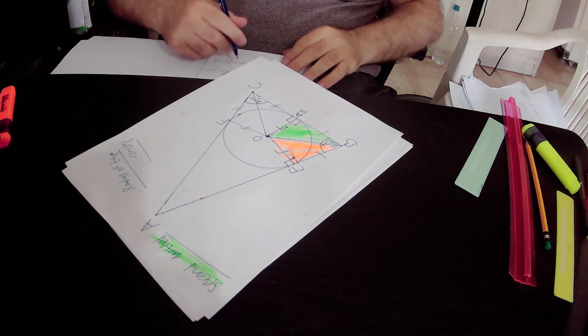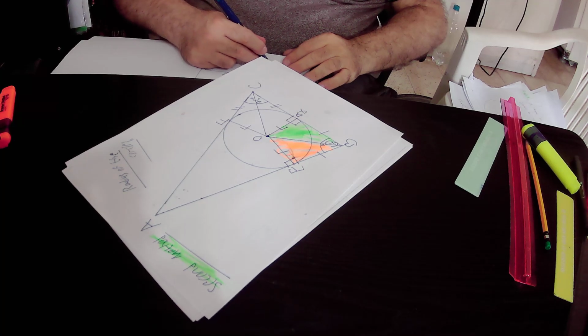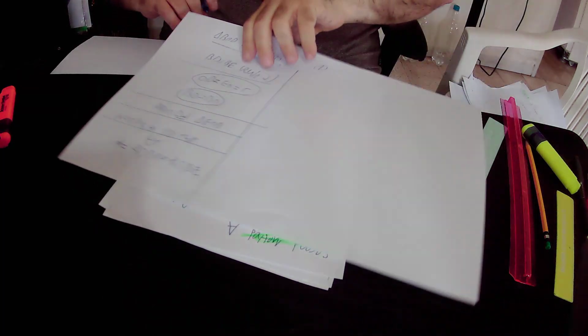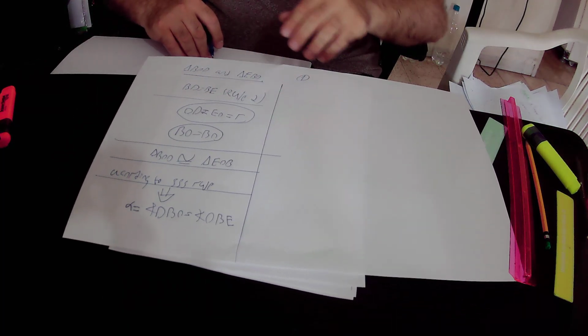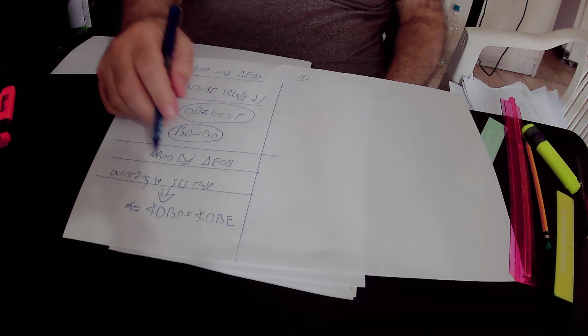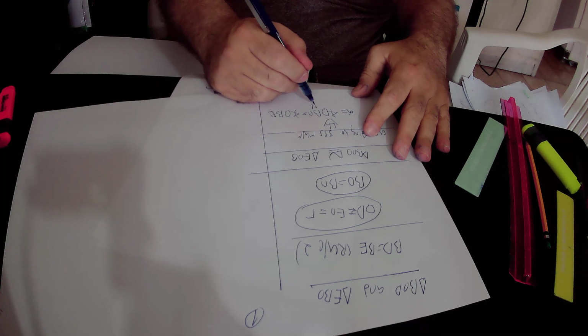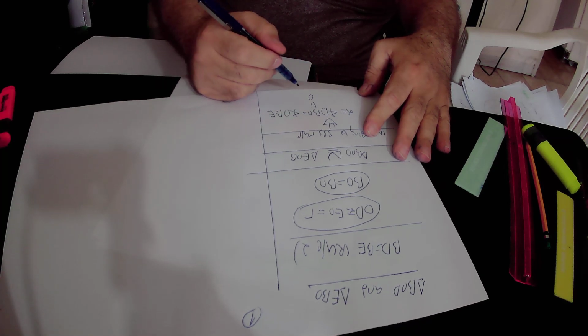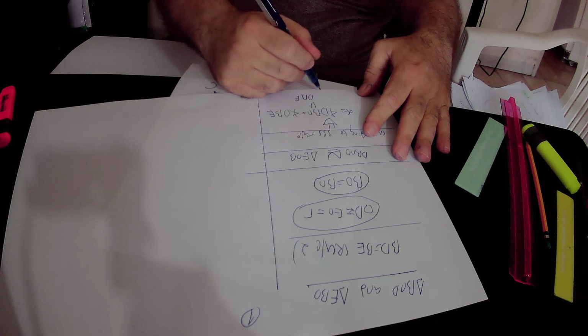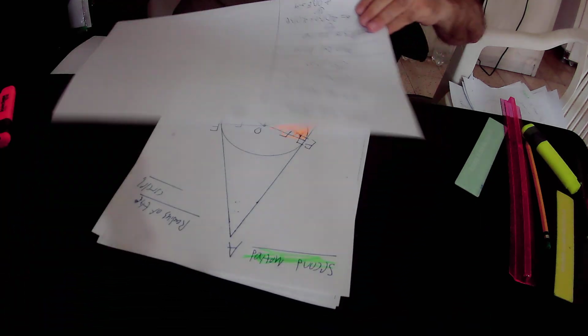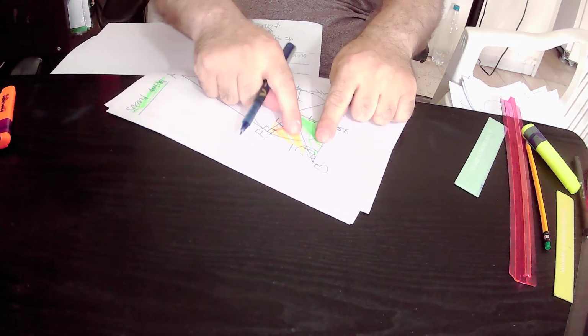So if we define angle DBO as alpha, then from this equation we derive that angle EBO, or OBE, is also equal to alpha. So actually, both of those two angles are equal to alpha.